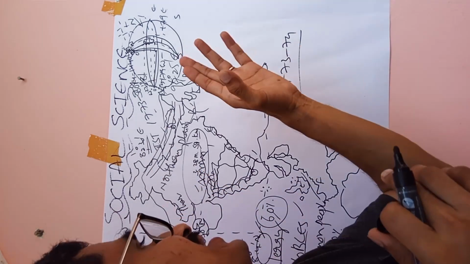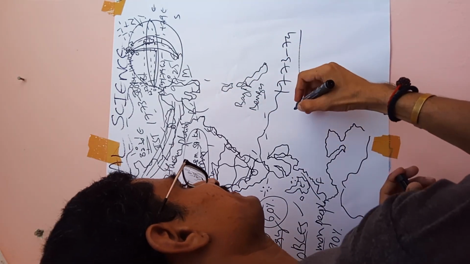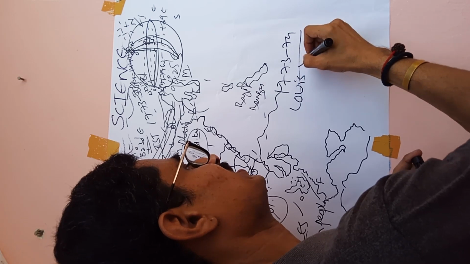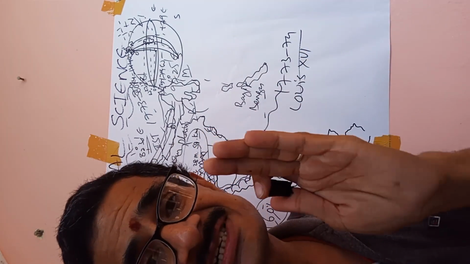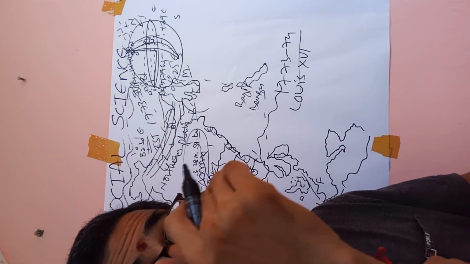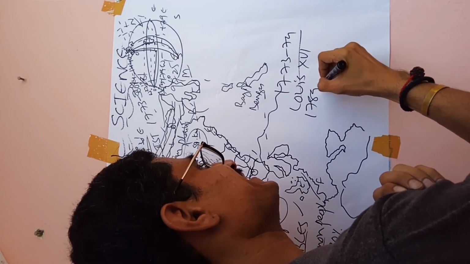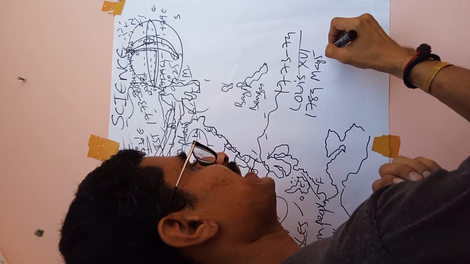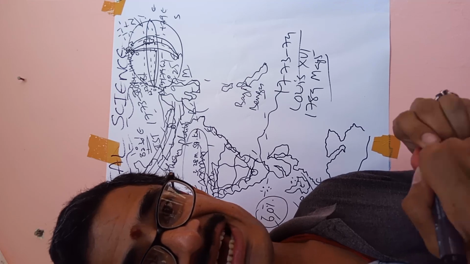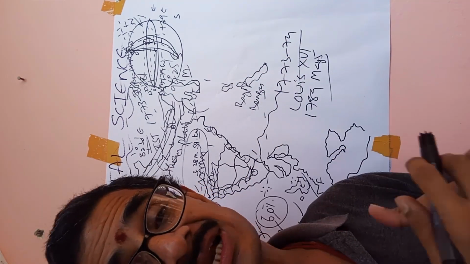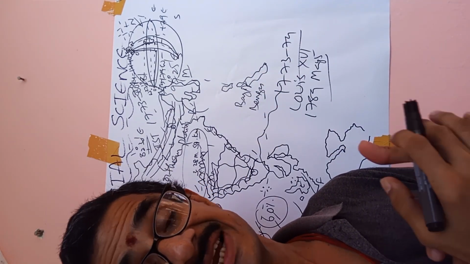When Louis XVI came to power, he found an empty treasure. He wanted to increase the taxes, and on May 5, 1789, he called a States General meeting. The States General means a royal court in the 18th century.